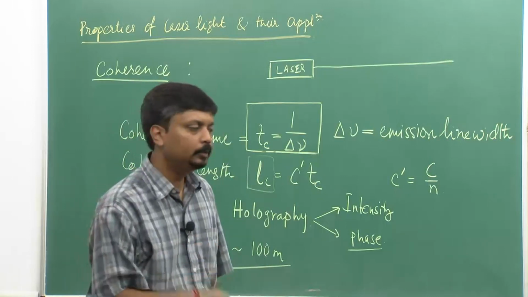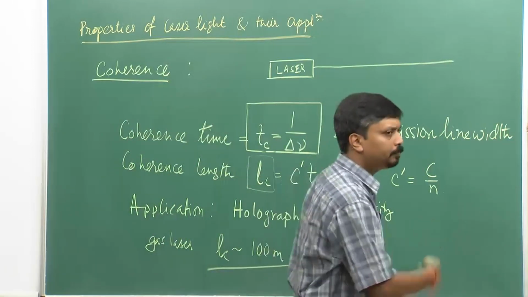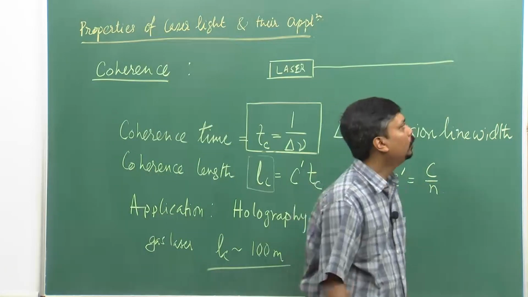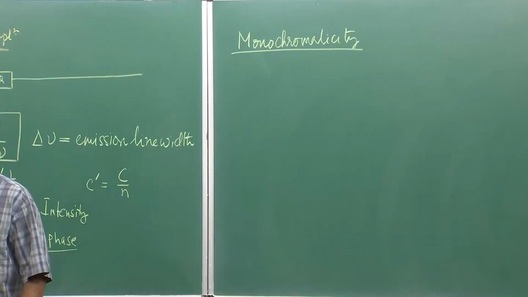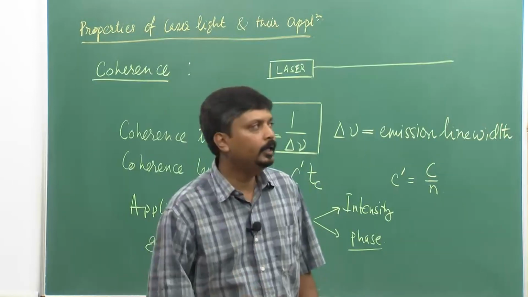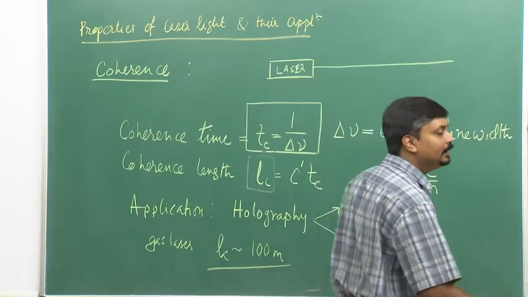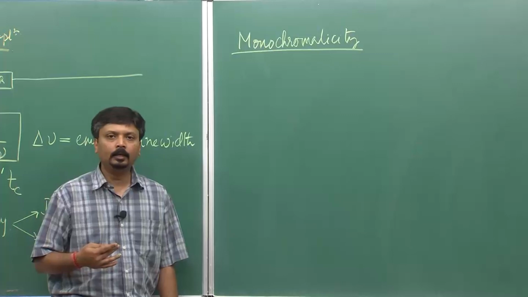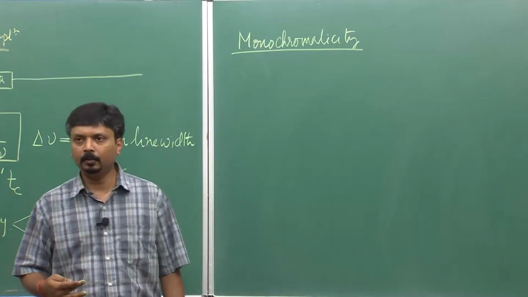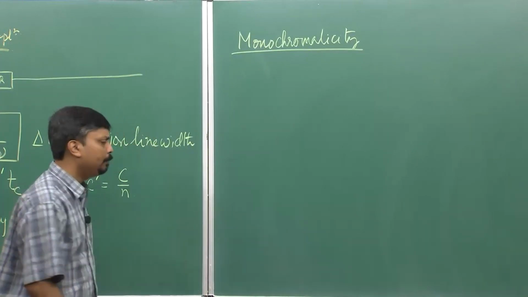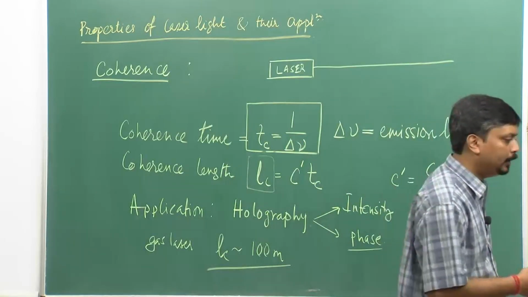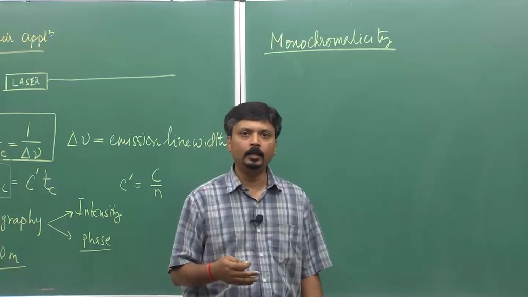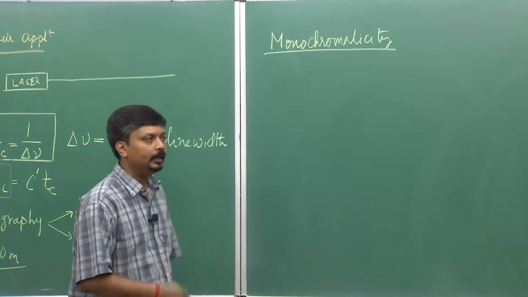We have said this earlier, but let me reiterate it once more. Mono means single, chrome means color. So, the property of having a single color, that is a single frequency, is known as monochromaticity. At the beginning of this course we said that laser has the property that it can be monochromatic. Most lasers are monochromatic in nature.